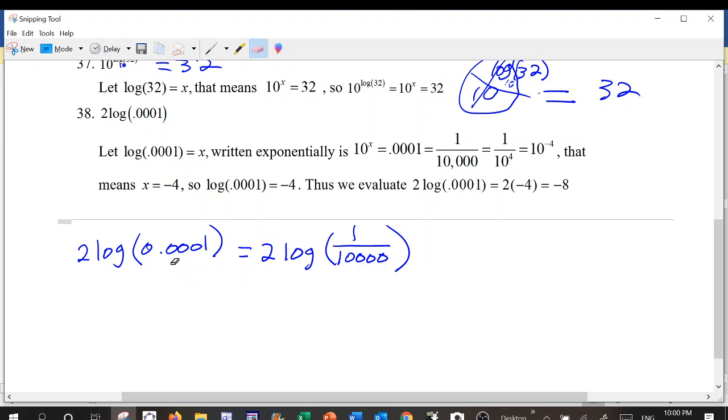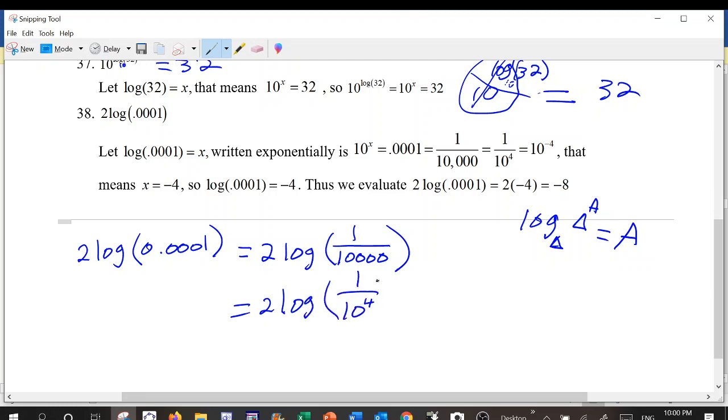Okay, so now we still can do it using that structure I talked about, right? If we have log of the same base here and the base here, then a, the answer is a. But this is not 10 to something. We're going to make it 10 to something. And we know how to do that because we can write this as 1 over 10 to the 4th power, since 1 with 4 zeros means 10 to the 4th power.